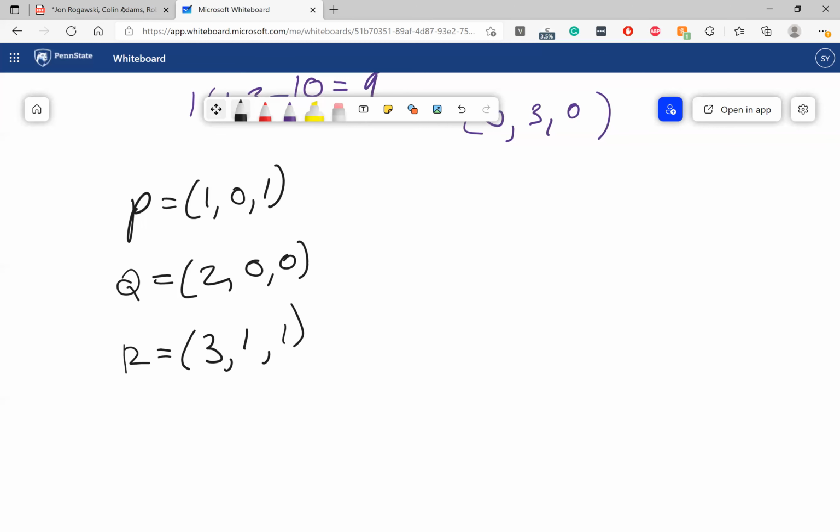The equation of the plane, since it's x, y, and z, is like a dot product. X, y, and z, you put in your point. That's the normal vector A, B, and C.